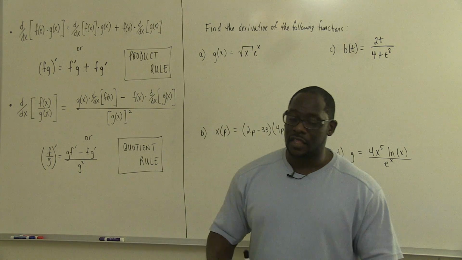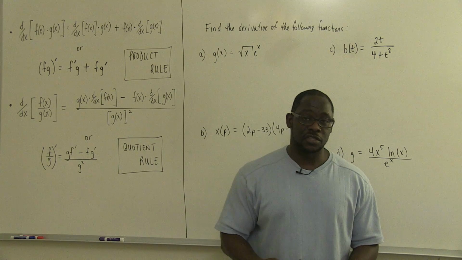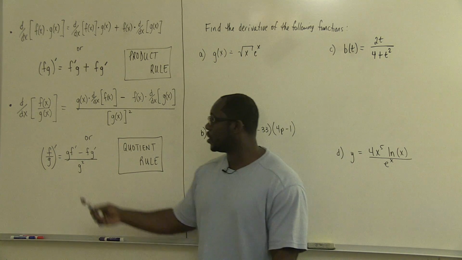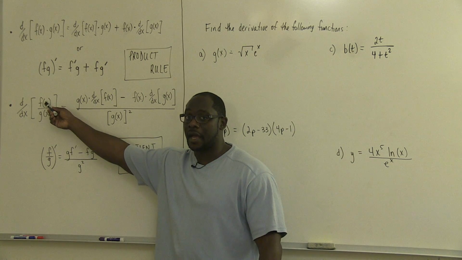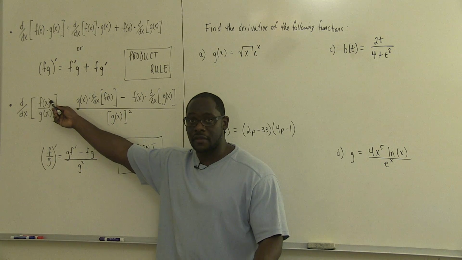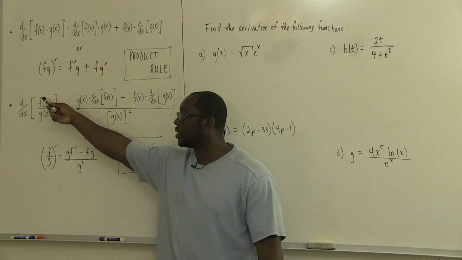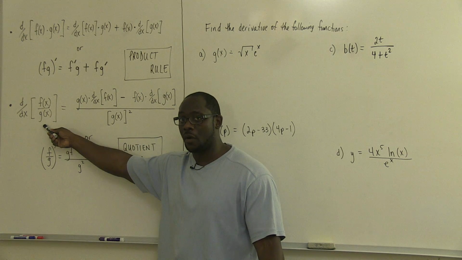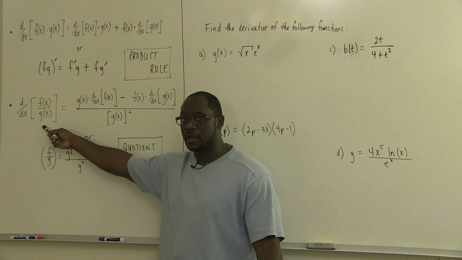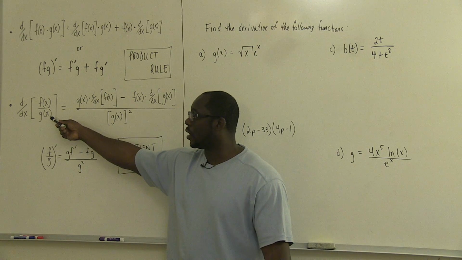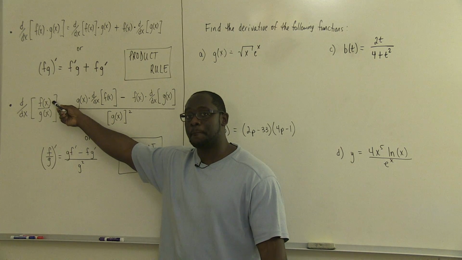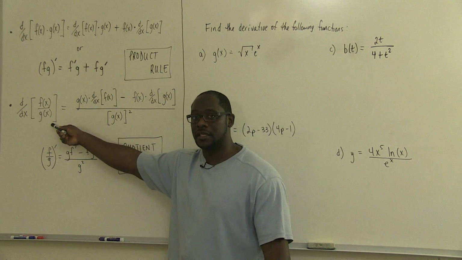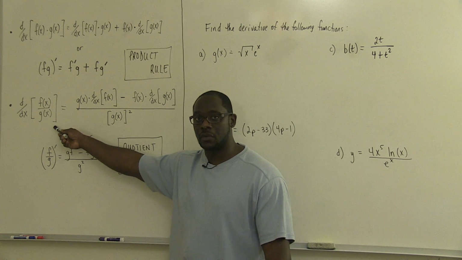The acronym that I'm suggesting you use here is "low d high," d meaning derivative of the high function. So: low d high minus high d low over low squared. I'll say that again: low d high minus high d low over low squared.